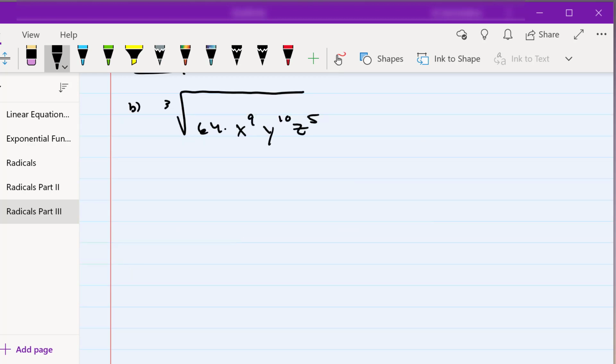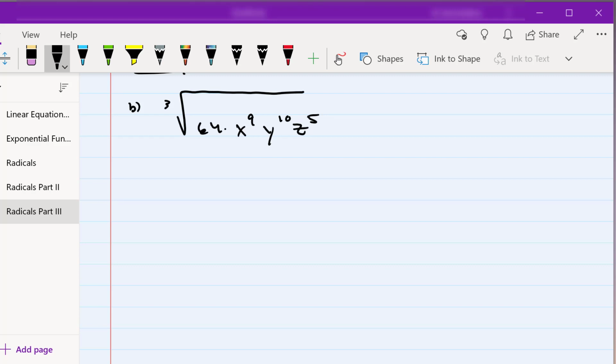Suppose we had something a little bit more complicated. Like this example, the cubed root of 64 multiplied by x to the power of 9 multiplied by y to the power of 10 multiplied by z to the power of 5.